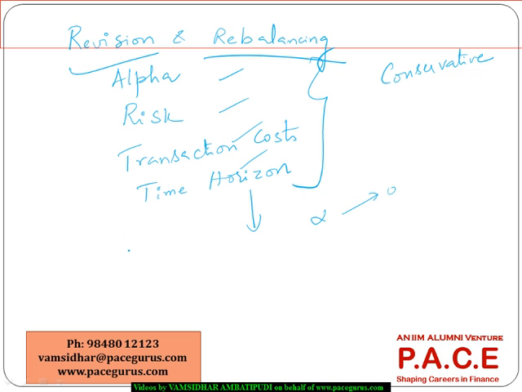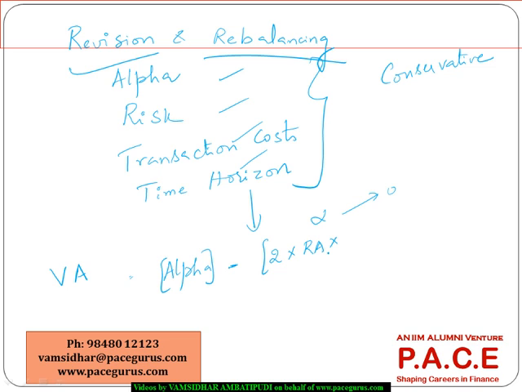Whenever we are doing a revision or rebalancing of the portfolio, all these points need to be considered, because on one side I can talk about the overall value addition. When I say value addition to a portfolio, whatever is the marginal contribution, all I could look at is the alpha, the excess return which a particular asset is generating, minus twice the risk aversion into active risk.